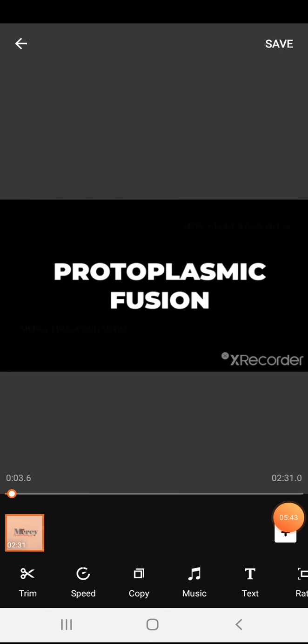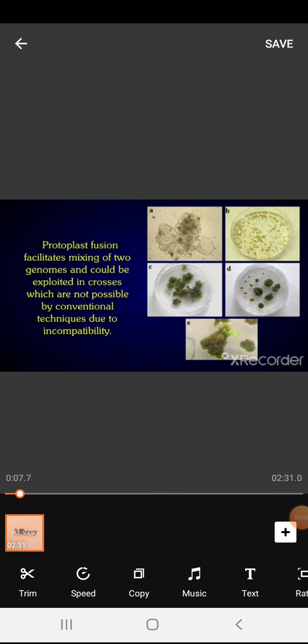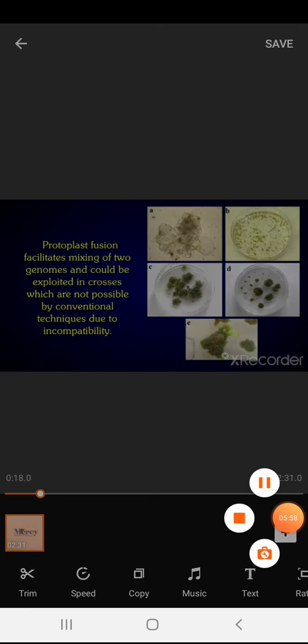Protoplast fusion facilitates the mixing of two genomes and could be exploited in crosses which are not possible by conventional techniques due to incompatibility.